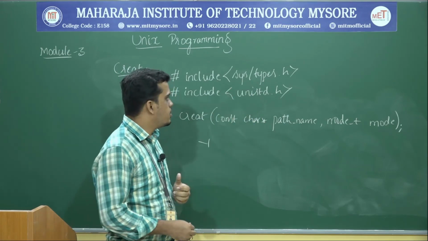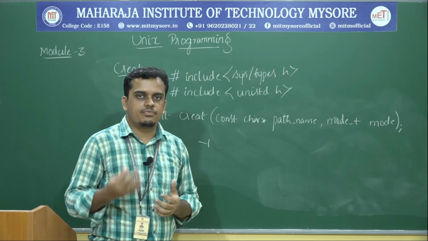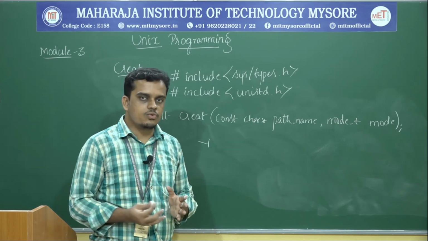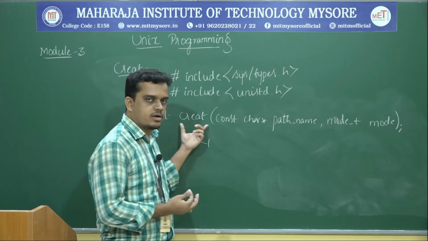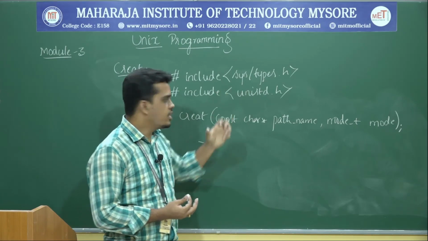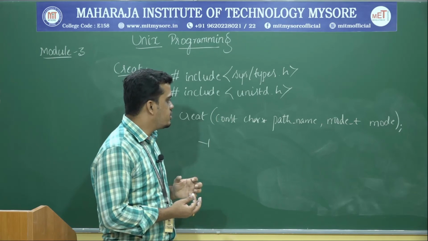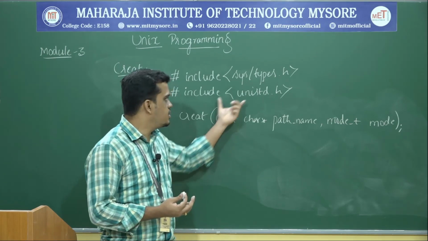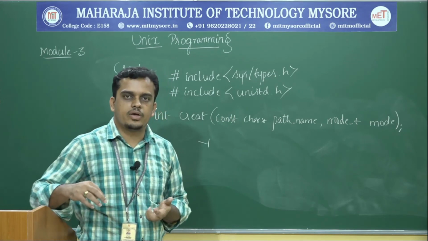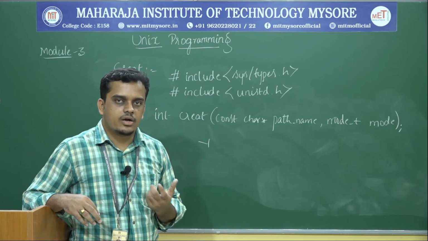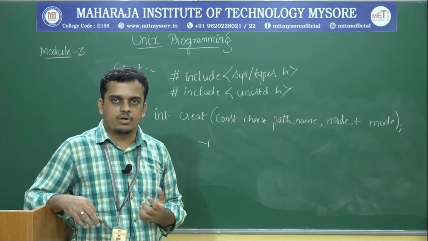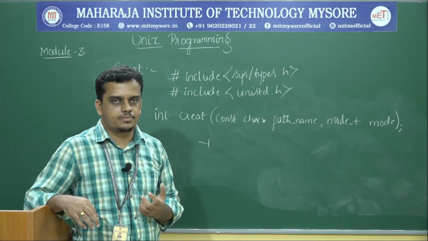The sys/types.h has the different values of the mode, and hence whenever you make use of the create API, you need this header file. And unistd.h is needed because the function has been defined in it, so you need to make use of these two header files whenever this function is used in your program for the same operation.